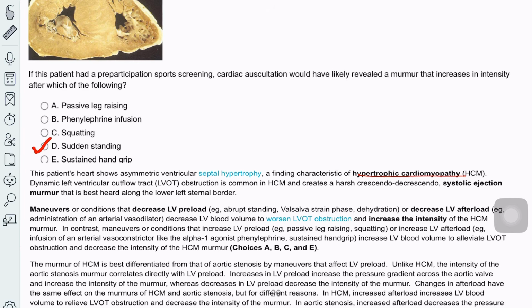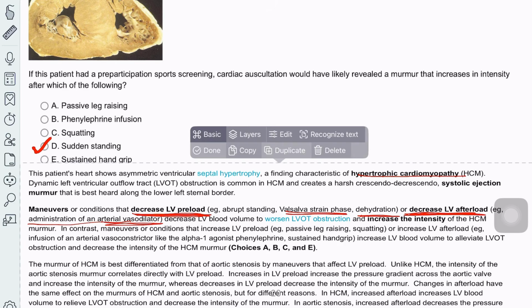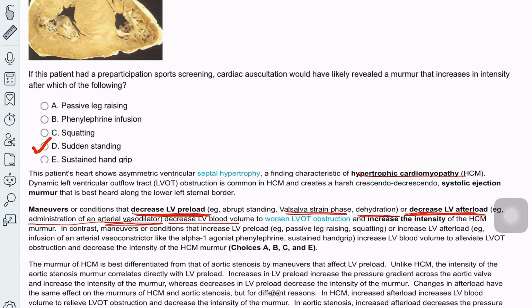Maneuvers or conditions that decrease the left ventricle preload like abrupt standing or Valsalva strain phase, dehydration, or decrease left ventricle afterload like administration of arterial vasodilator decrease the LV blood volume to worsen the LVOT obstruction and increase the intensity of the HOCM murmur.